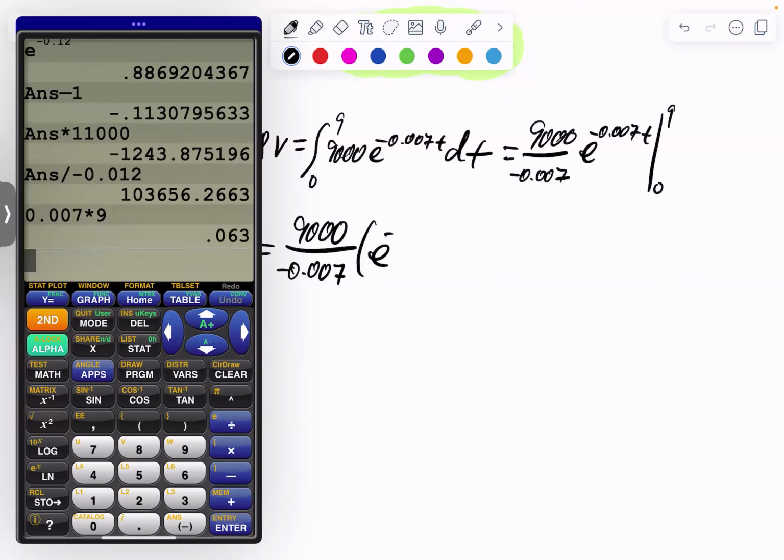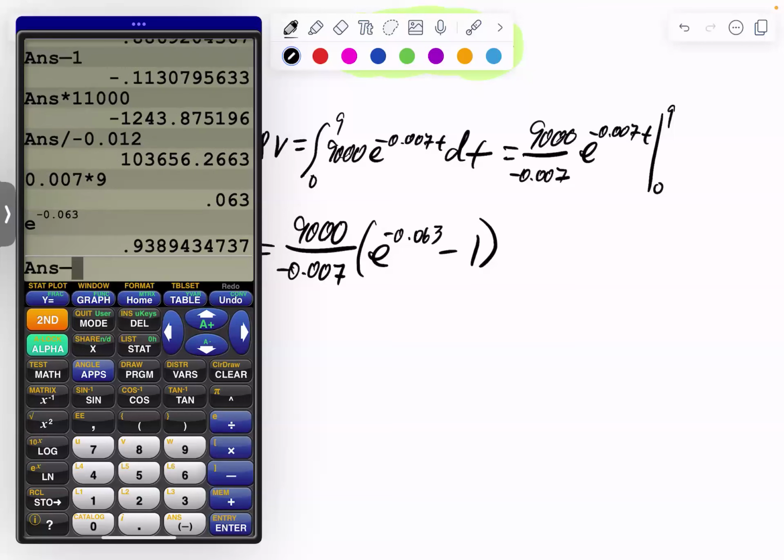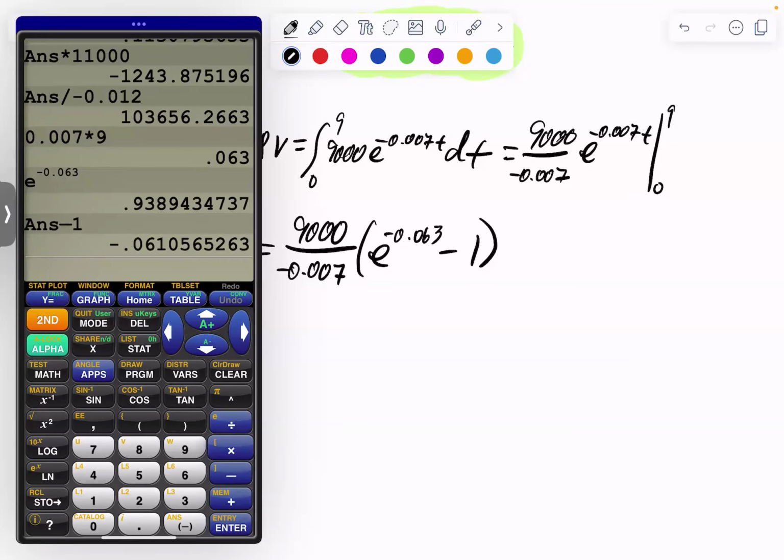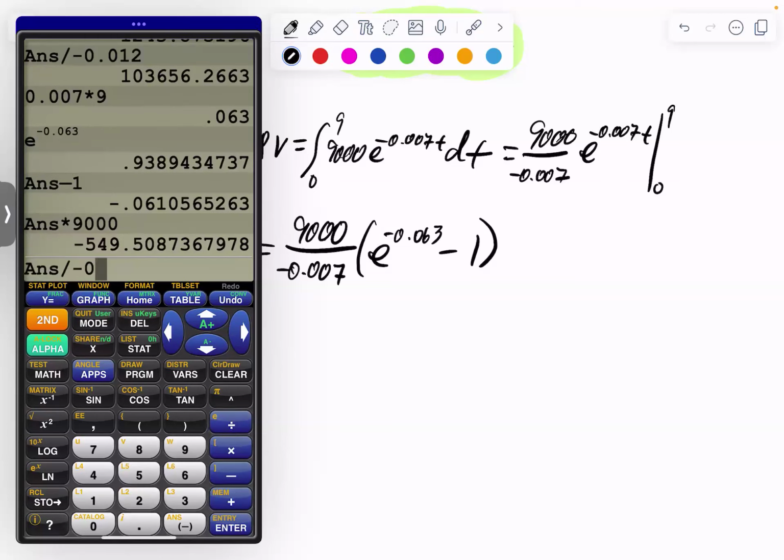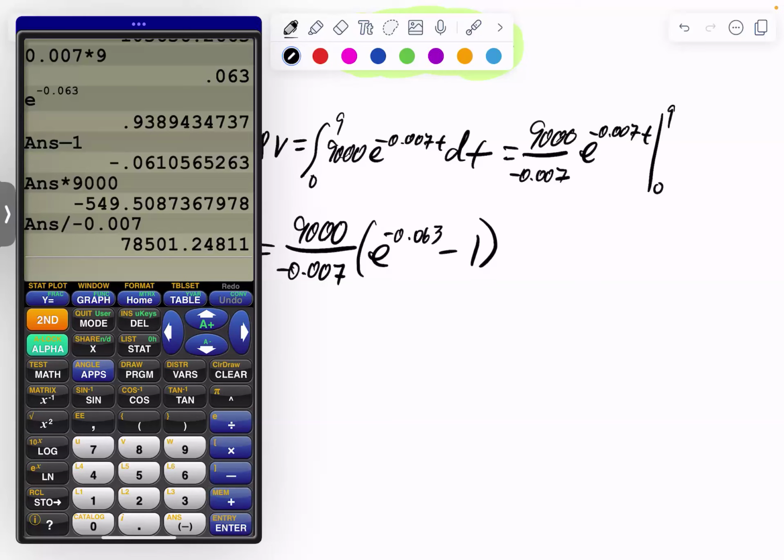Okay, so this becomes negative 0.063 minus e to the 0, which is again just 1. And let's see what we get. So e to the negative 0.063 minus 1 times 9,000 divided by negative 0.007. And that is getting me about $78,501.25.